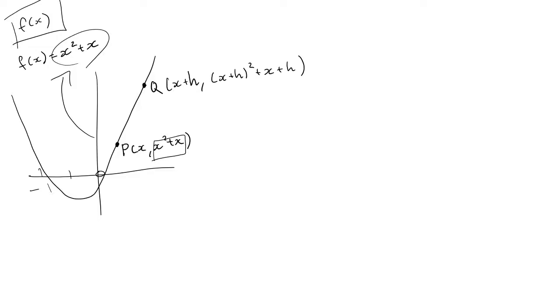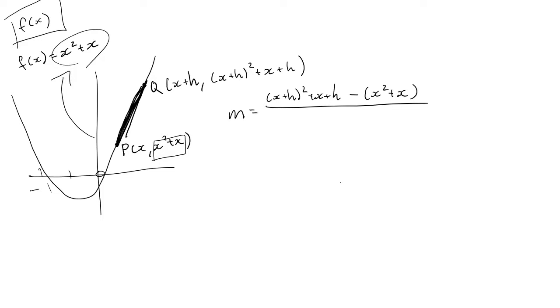And now we find the gradient of the secant PQ. This thing. So m equals y2 minus y1, so x plus h squared plus x plus h, minus x squared plus x, and then over h.